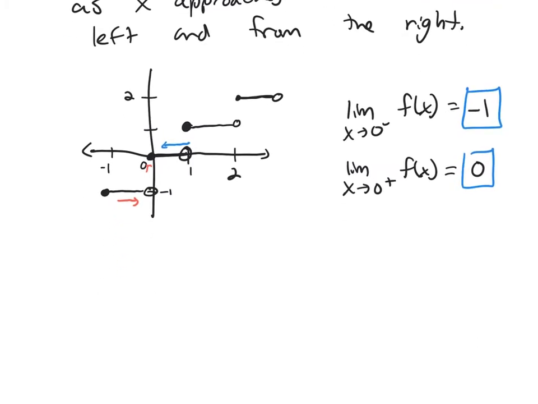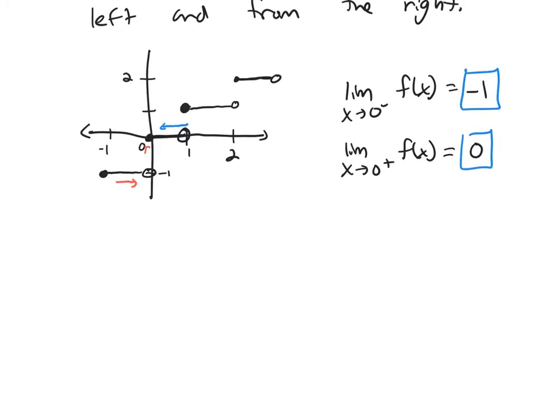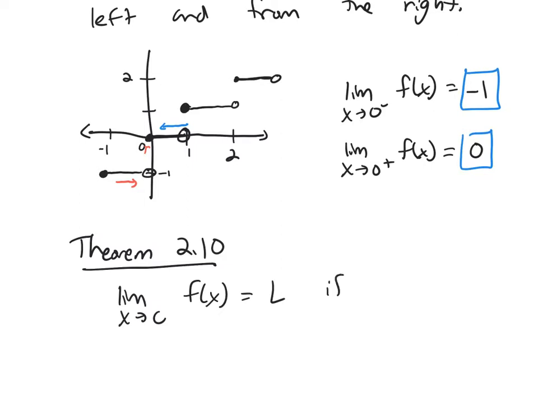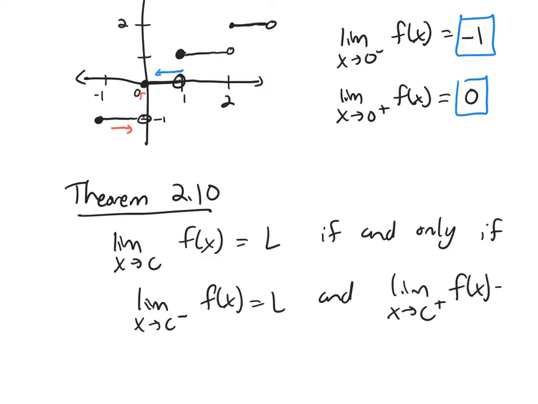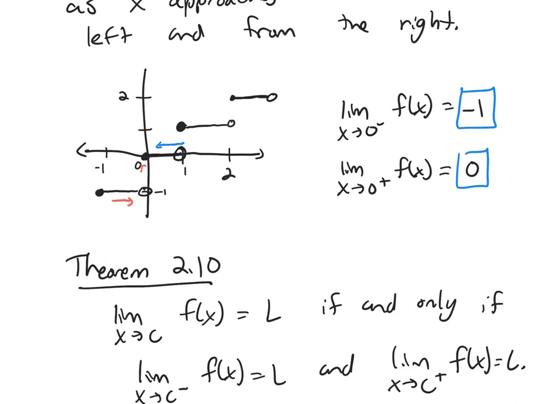The last thing I want to do in this video is connect the idea of one-sided limits to regular limits, and that's through this theorem, which says the limit as x goes to c of f(x) equals L if and only if my two one-sided limits are also equal to L. The limit as x goes to c from the left is L, and the limit as x goes to c from the right is also L. So if we look back at this previous problem, the limit as x goes to 0, these two values were not the same.